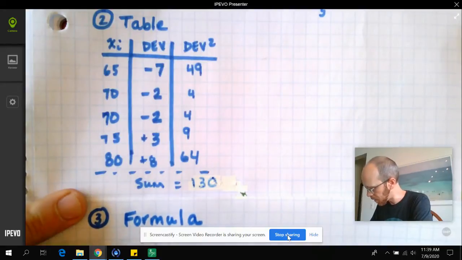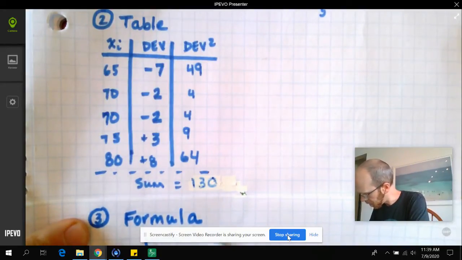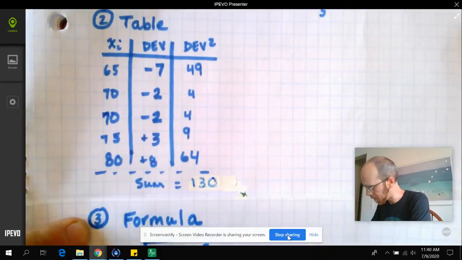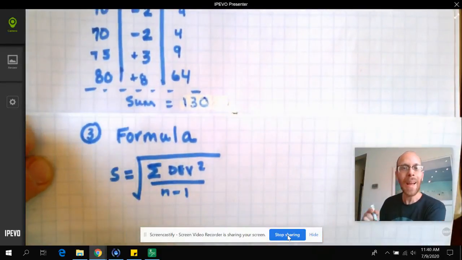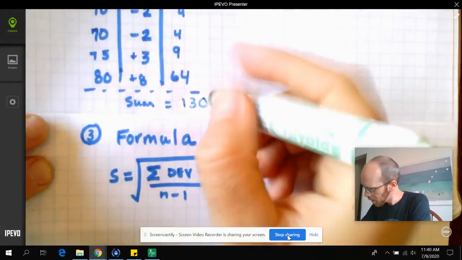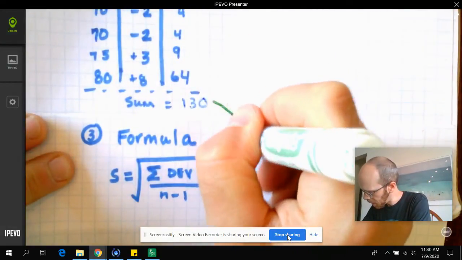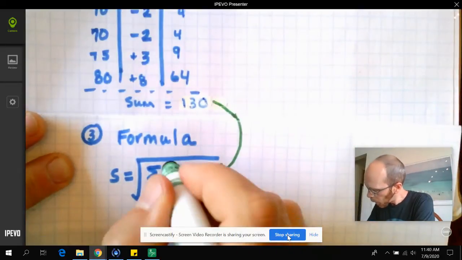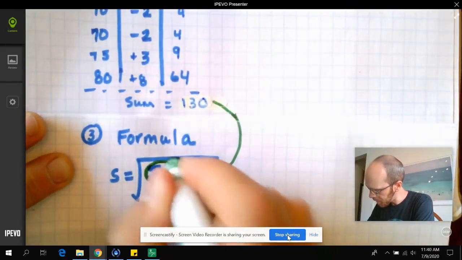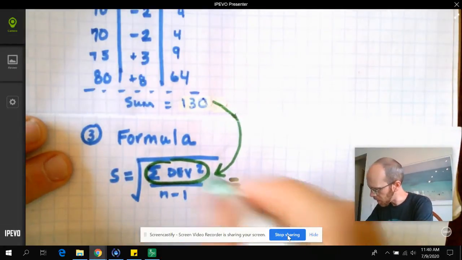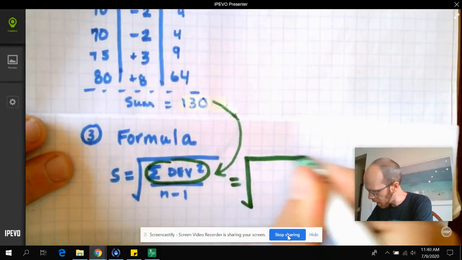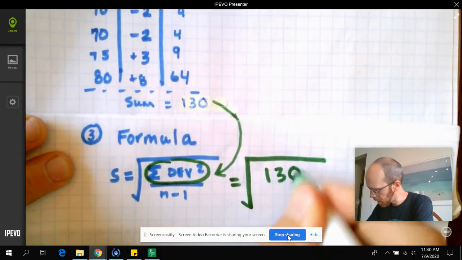S is equal to square root sum of the deviations squared all over n minus 1. Now, let me show that to you. Now think about what we just did. This number right here, the 130, that is taking the deviations, squaring them, and then adding them all up. So we're going to plug in 130 to our numerator.